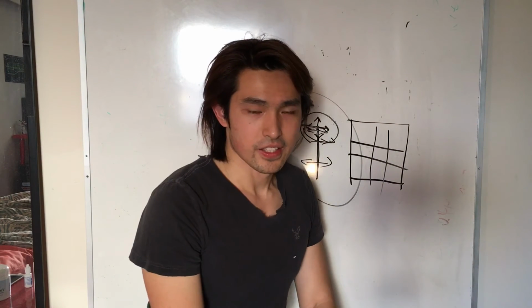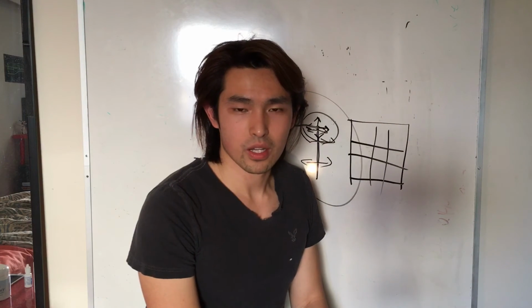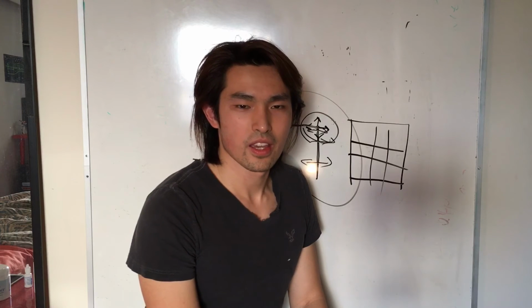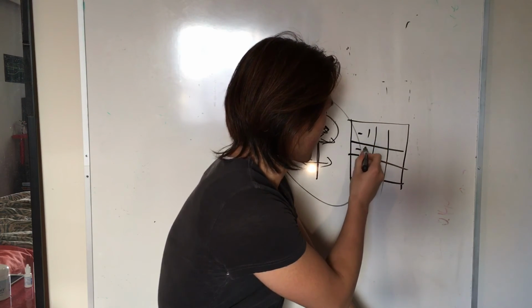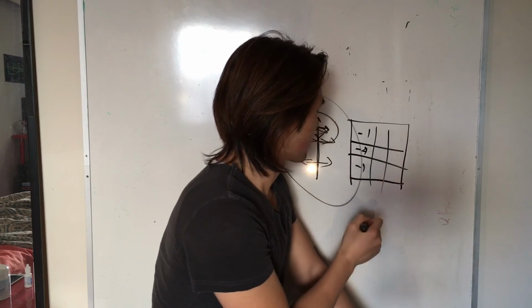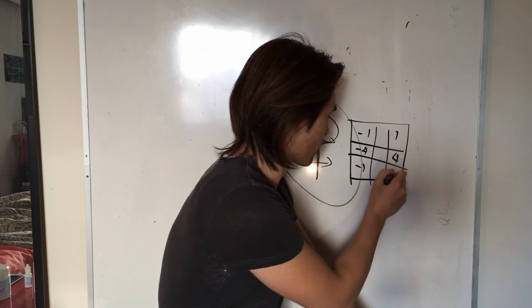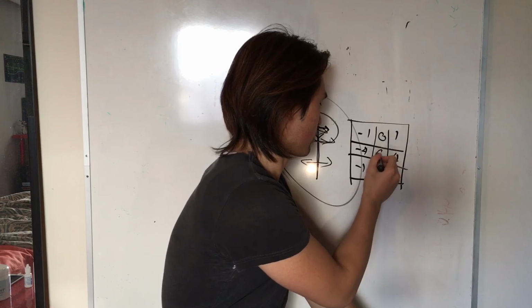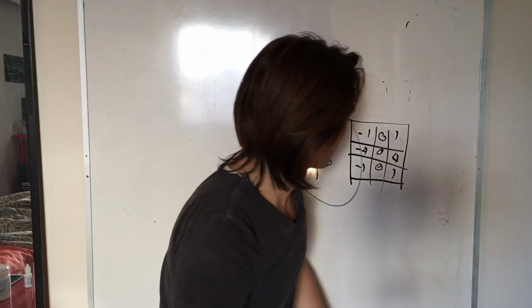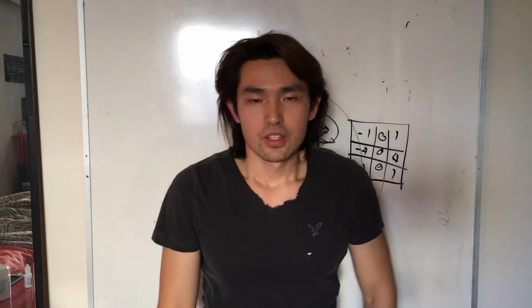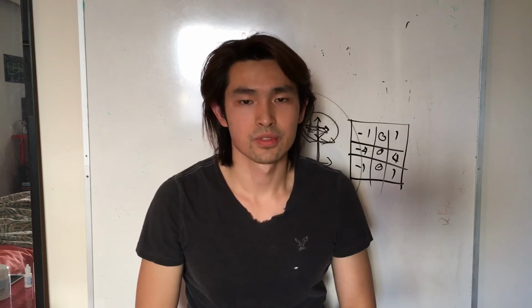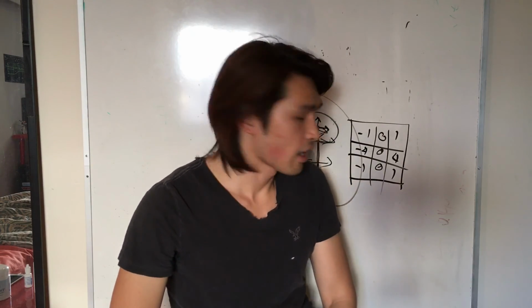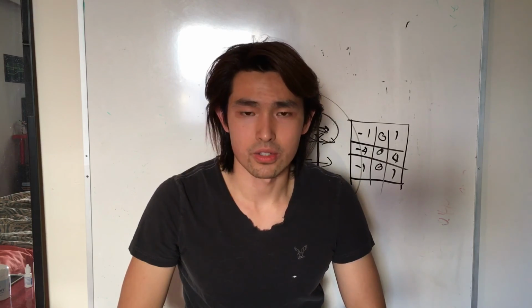Where instead of having -1, -2, and 1, here we would do -1, -4, -1, 1, 4, 1, 0, 0, 0. So we can see that the slope is much steeper. And that's how you would do Marr's operator.